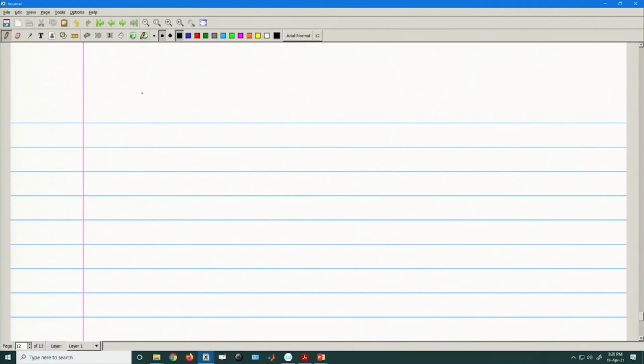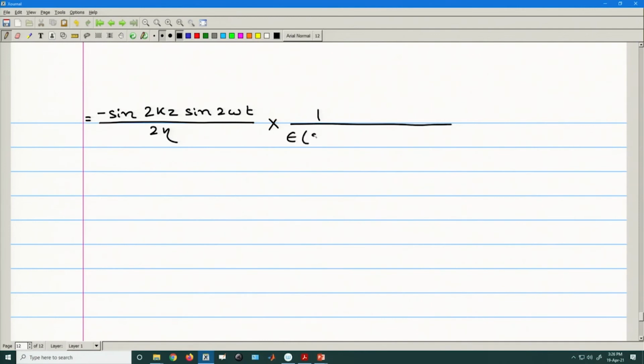So we can write it as, so E naught square will get cancelled out. We will be left with minus of sine 2 kz sine of 2 omega t by 2 eta into 1 by epsilon, sine square kz cos square omega t plus cos square kz sine square omega t. Okay.